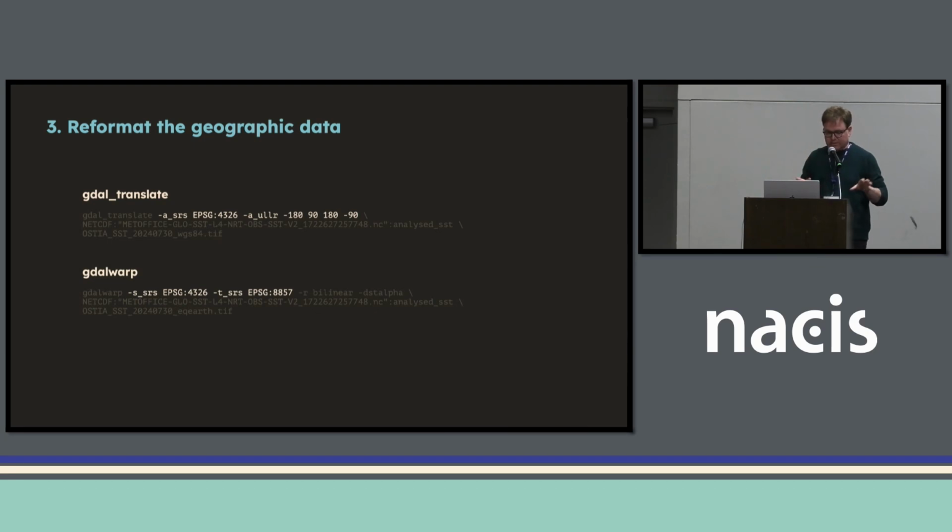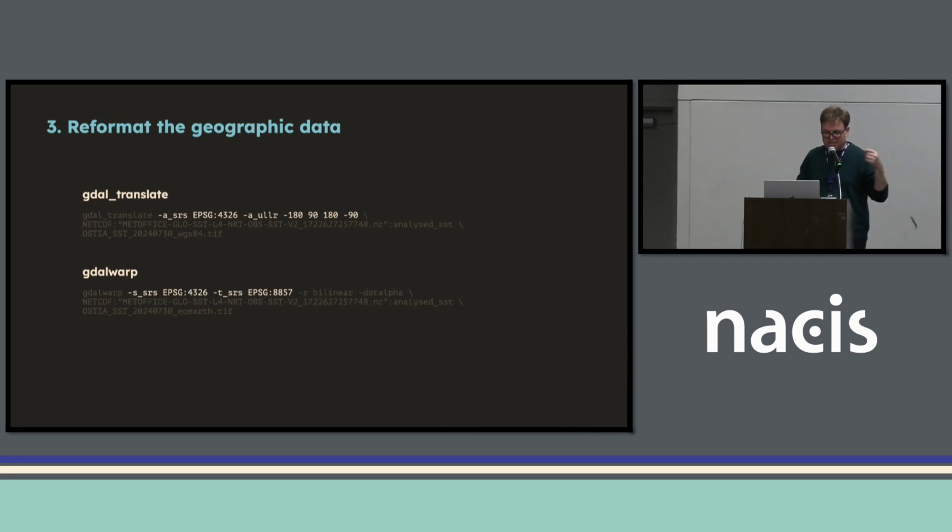With gdal_translate, you do that at the first step when you're pulling the data out. So -a_srs, assign spatial reference system, our old friend EPSG:4326. I assume most people here know what that means. And then I'm specifically assigning what the upper left and lower right pixels are to make sure that they are the right rounded numbers.